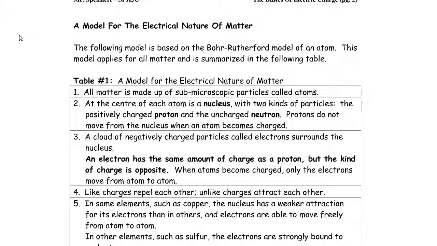When electrons are transferred, we get objects with different charges: positively charged, negatively charged, or neutrally charged. Like charges, such as positive and positive, repel each other, while unlike charges, such as positive and negative, attract each other. And both positively charged and negatively charged objects attract neutral objects.